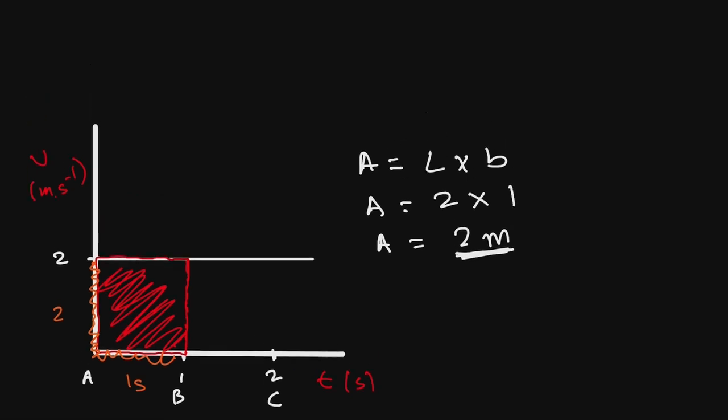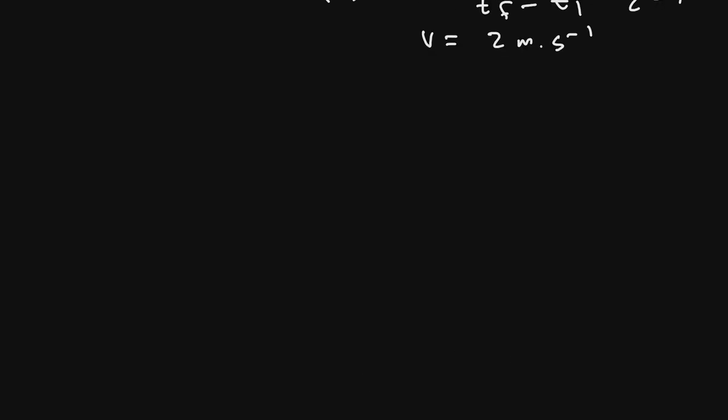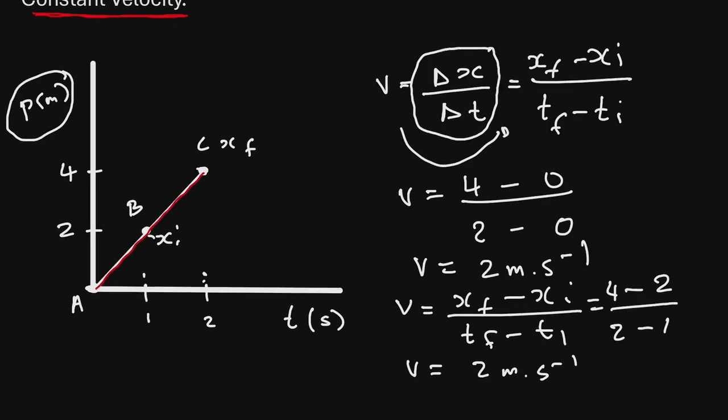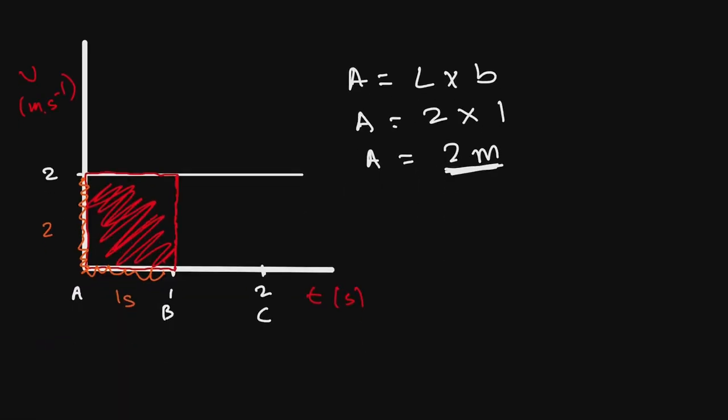Remember, if we look at the previous graph, at 1 second our position was 2 meters. So for you to get the position from a velocity time graph, you only calculate the area under the curve.